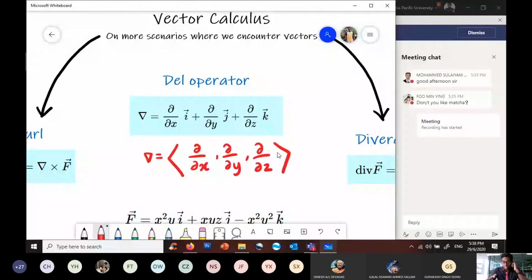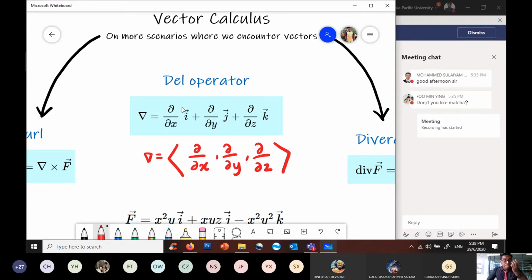The dou here means partial derivative. Do you still remember partial derivative, the one that we did in our previous class? It means that if a function has x, y, and z, but I currently differentiate with respect to only x, meaning all my other variables are constant, then another way of writing it is dou over dou x.